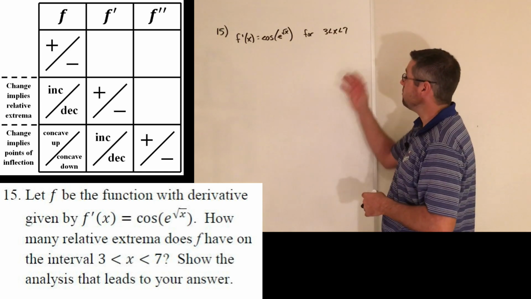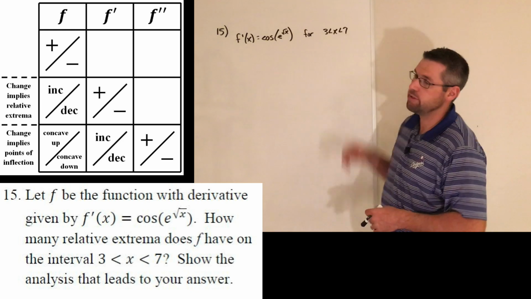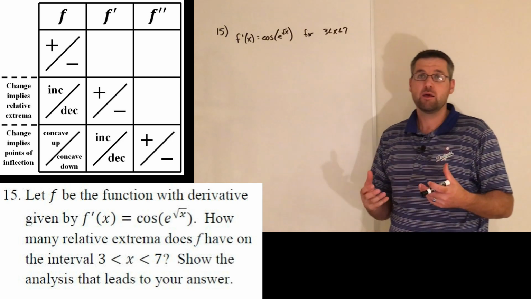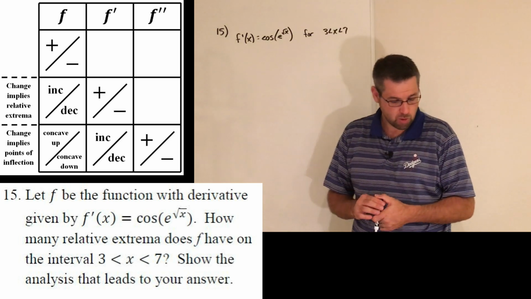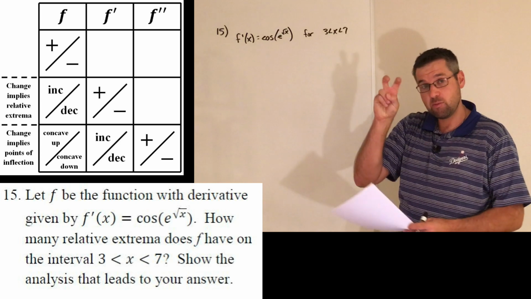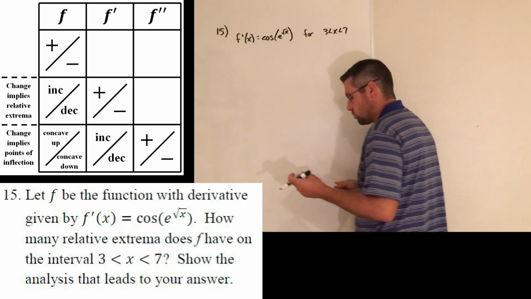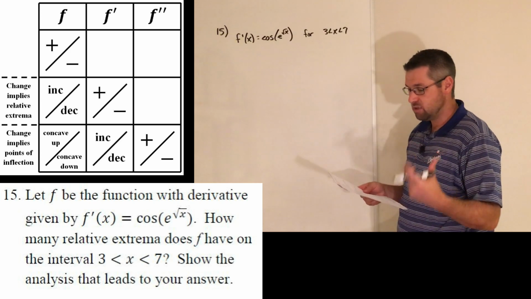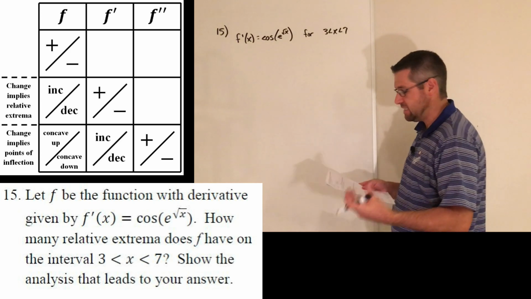I want to point out that our interval does not include the endpoints, so the endpoints are not critical points because there are no endpoints here. We're not looking for absolute extrema, we're only looking for relative, so we don't even have to consider these endpoints that aren't really there. So the first thing we have to look for is when f prime is equal to 0 and when f prime does not exist.